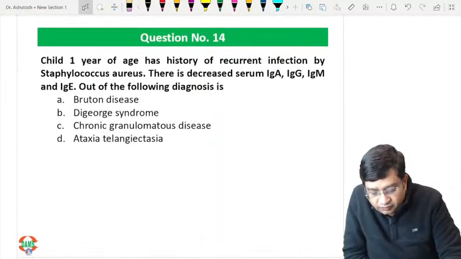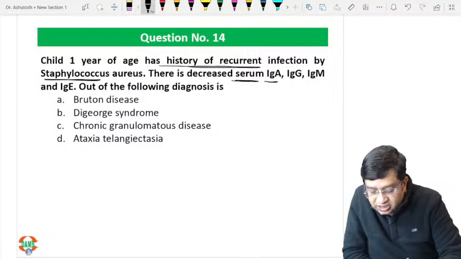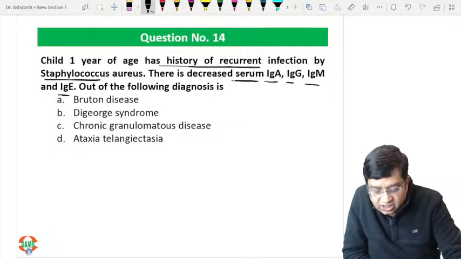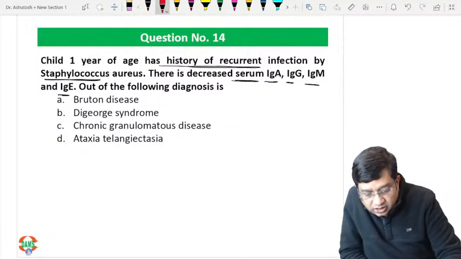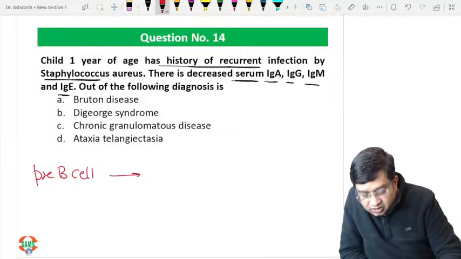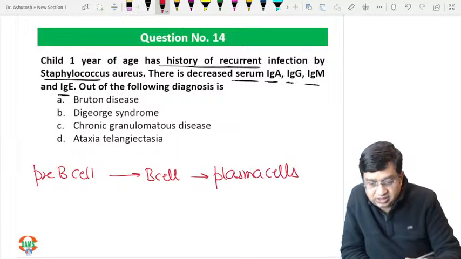A child 1 year of age has history of recurrent infection by Staph aureus. There is decreased serum IgA, IgG, IgM and IgE. Which of the following disorders is it? In our body, a pre B cell converts into a B cell, which gets converted to plasma cells.